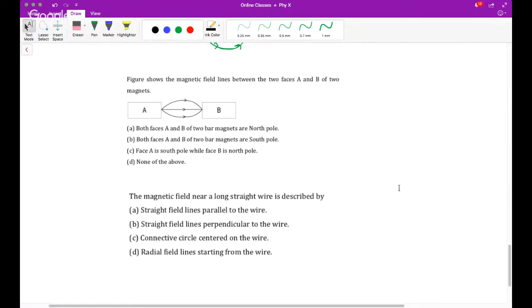This is, let's say, question number one. Just to differentiate, this is one, two. So both faces A and B of two bar magnets being north pole is not possible, south pole is not possible. Correct. First one is D. Okay, next.